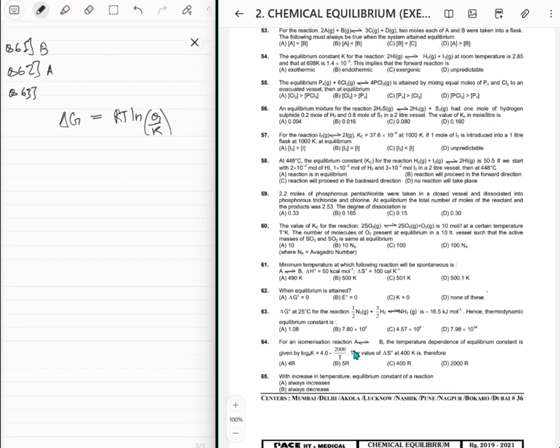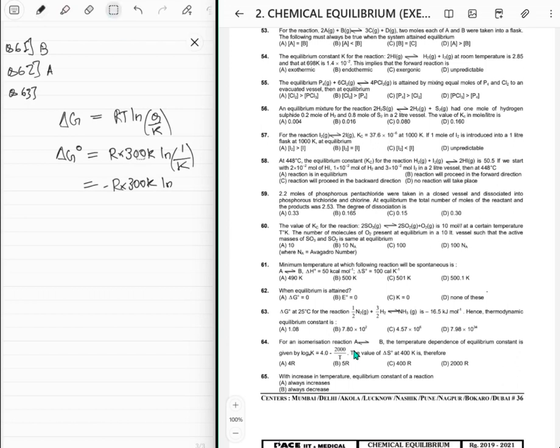And we want delta G standard. This zero-power symbol is just a symbol for standard. For standard, Q will be 1 over here and this will just be K. So that is negative R into 300 Kelvin.